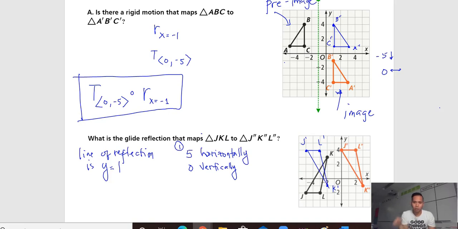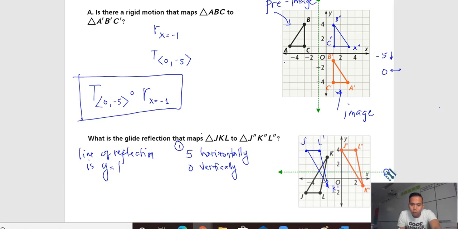So it's reflecting from y is equal to 1. So I'm going to map my y is equal to 1. It's here. This is the line of reflection. Or maybe I can change the color so that it will be a lot easier to see. Maybe green color. Y is equal to 1.